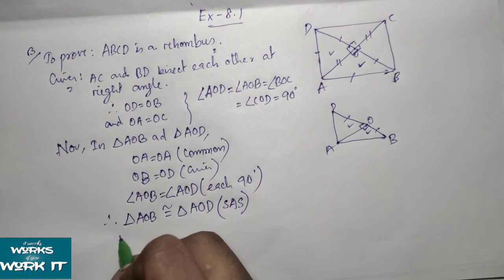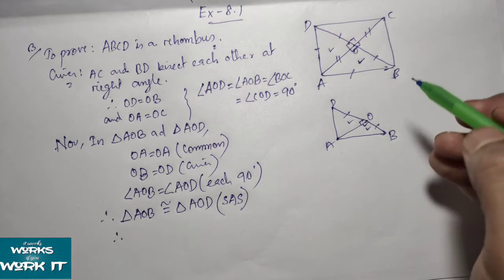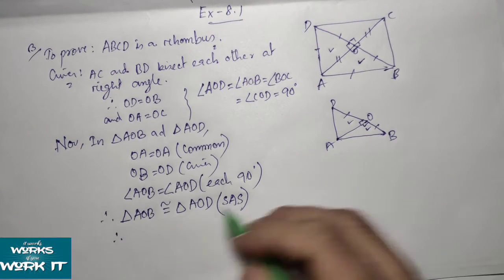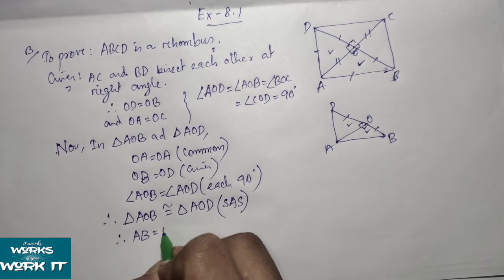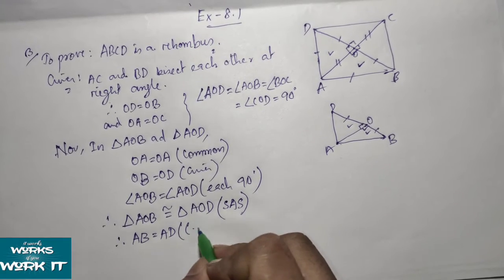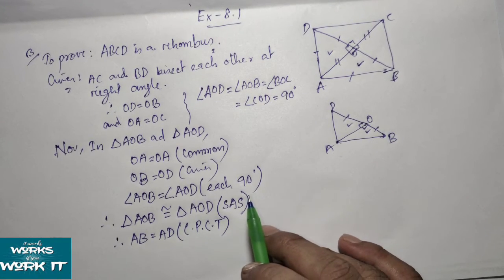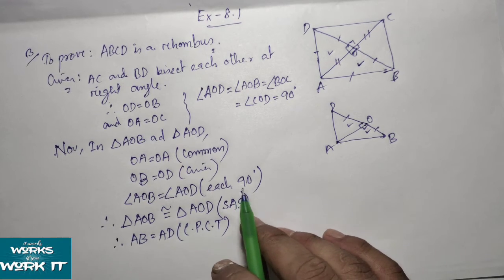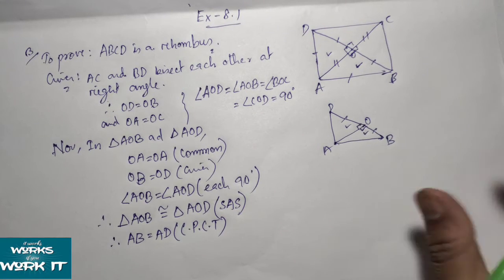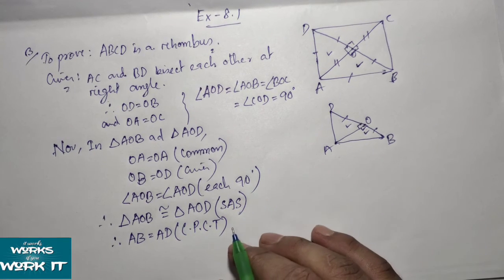Okay, so using this congruency, we can conclude that AB is equal to AD, and here we can write CPCT, corresponding parts of congruent triangles. This full form is very important, so sometimes it comes for 1 mark, as I have told already in chapter 7.